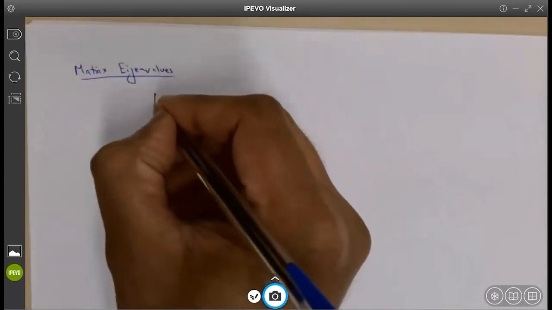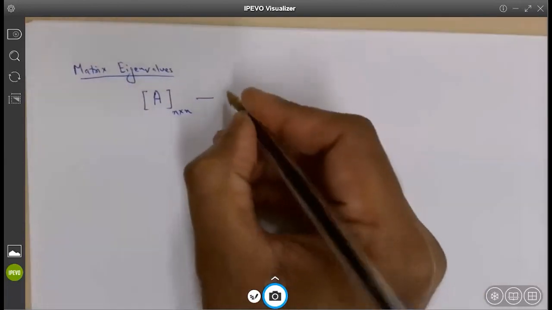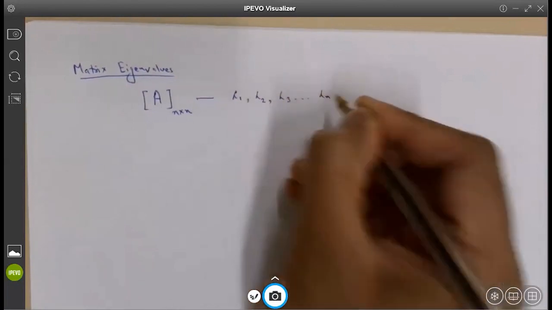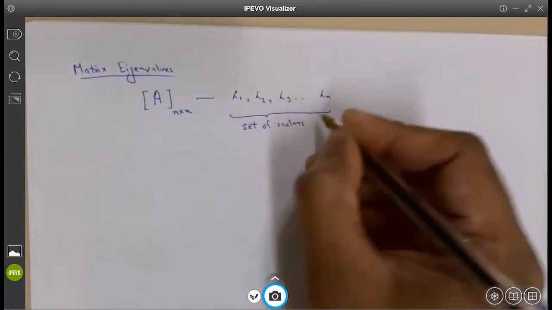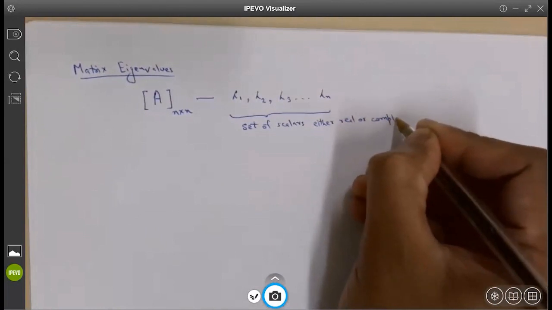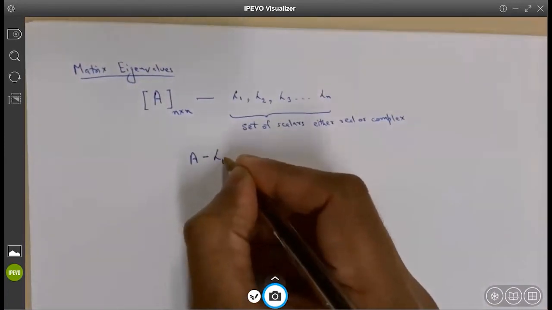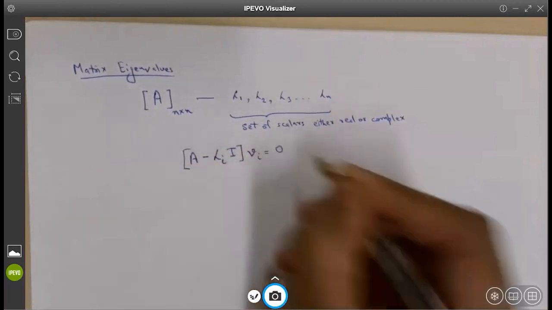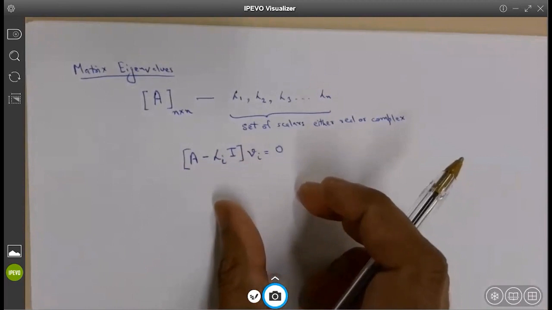So what are eigenvalues? For every n by n matrix, there is a set of scalars, which may be complex or real, such that it satisfies this system of equations, which is called the characteristic equation.